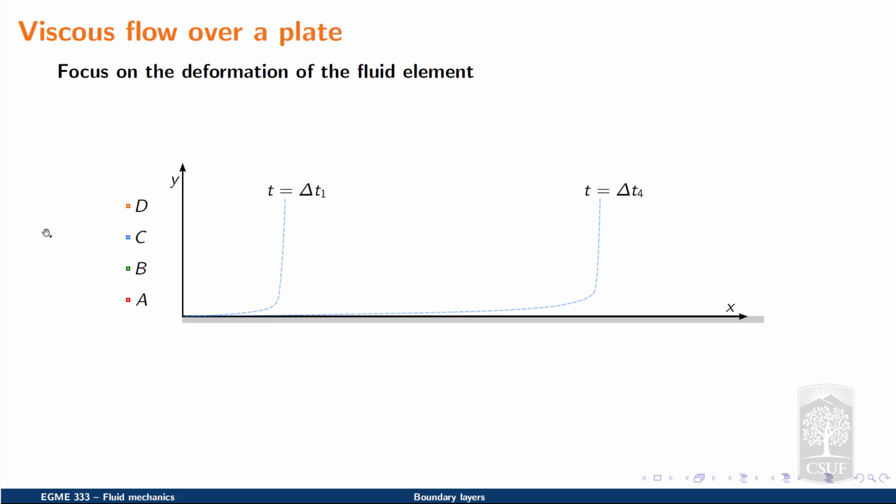So let's focus now on the deformation of the fluid elements. Here we had 4 different fluid elements that we were considering, but let's focus on specifically fluid element D at time equal delta T1. So if we zoom in, let's assume that this fluid element initially has a square shape. Now, due to the variation in the flow field, this fluid element will experience some form of shear stress. Similarly, at some time later, this fluid element will still continue to experience some form of shear stress.